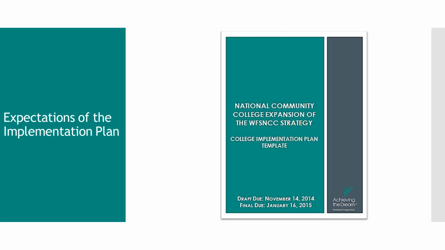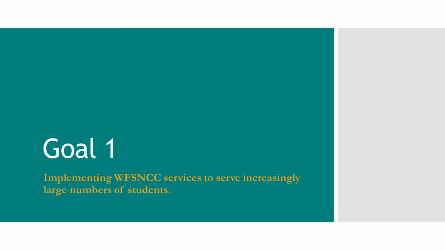This plan should emphasize the goals of transforming both the college's culture and operations. The plan should also reflect a commitment to data-driven decision-making and the value and commitment to equity. And I also just want to remind you that at any point, you should feel free to contact ATD if you have questions about the plan or need further clarification on any of the information that's included in there.